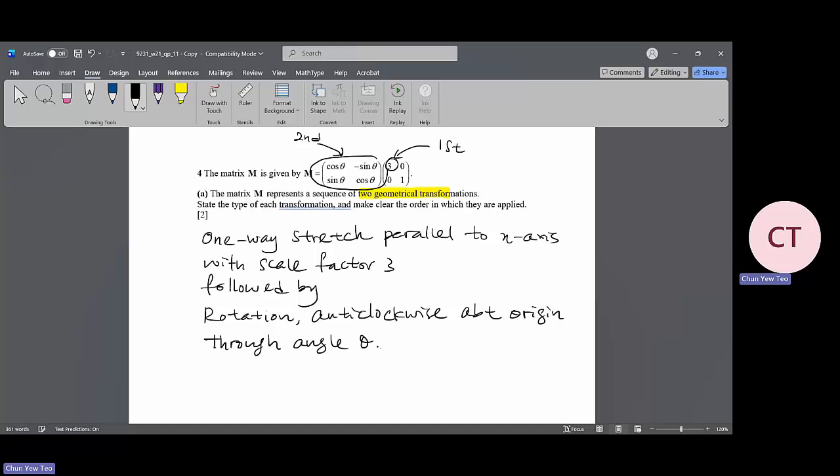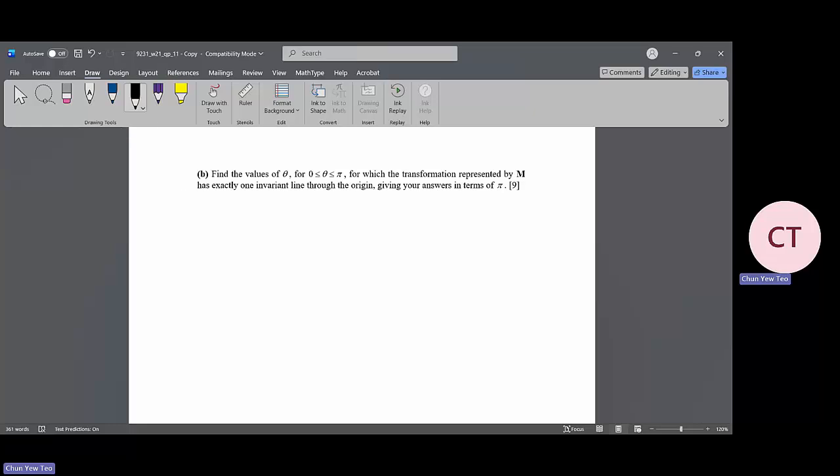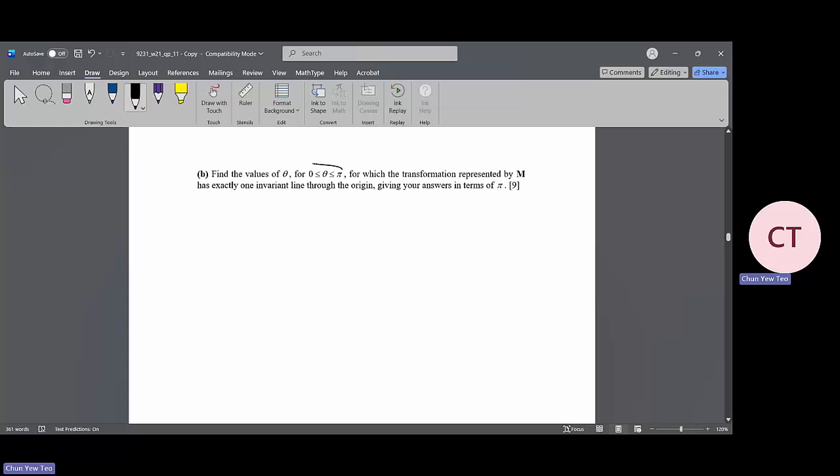Okay, so this is the answer for part A. Then move on to part B. Find the values of theta, for theta between 0 and pi, for which the transformation represented by M has exactly one invariant line through the origin, giving your answer in terms of pi.